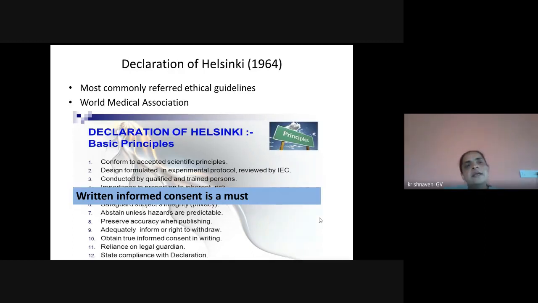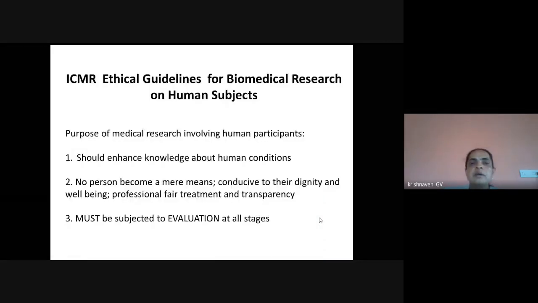In India, it's the Indian Council of Medical Research which governs and supervises all the medical research, whether it's conducted on humans or animals. And it has its own set of ethics, again drawn mainly from the Helsinki Declaration.